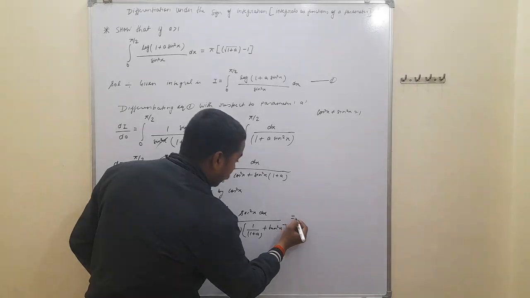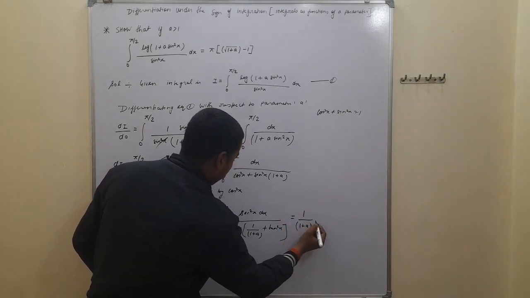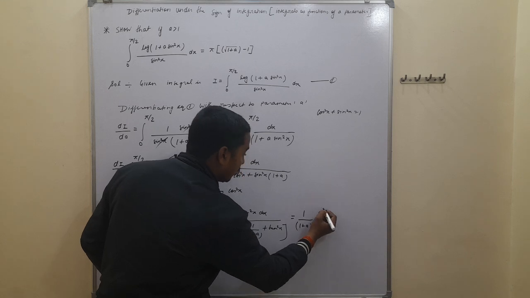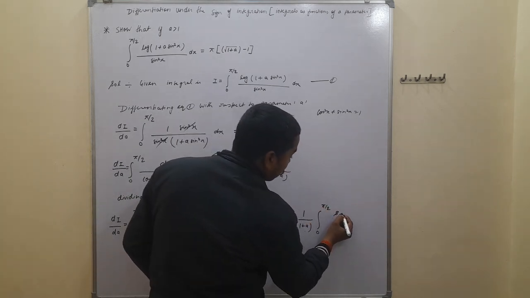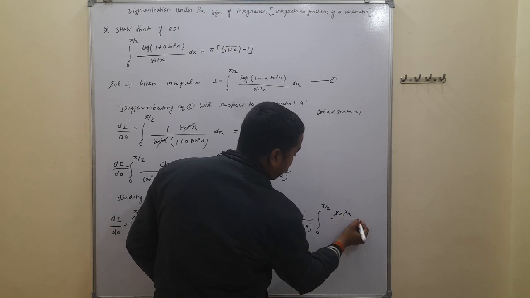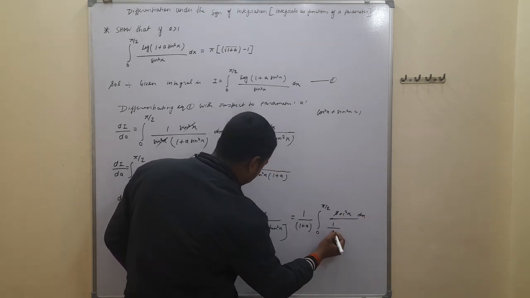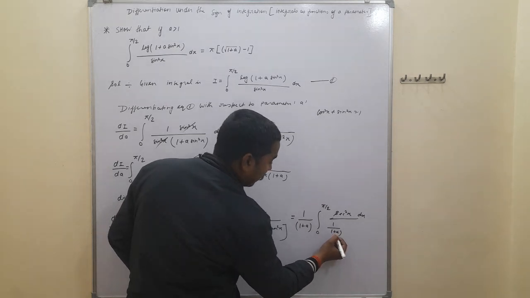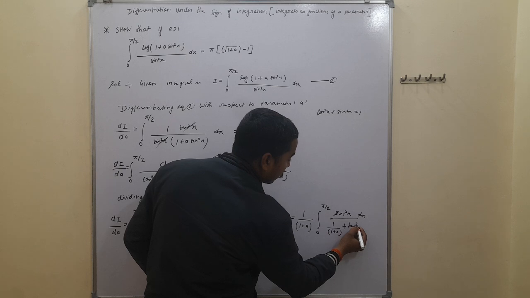This is given by 1 upon (1 plus a) times the integral from 0 to pi by 2 of sec square x dx upon (1 upon (1 plus a) plus tan square x).